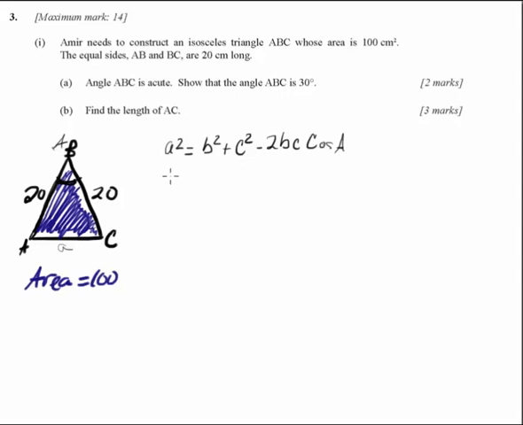So all we're ready to do now is substitute in. a squared equals 20 squared plus 20 squared minus 2 times 20 times 20 times the cosine of 30 degrees, because remember, we now found out it's 30 degrees.